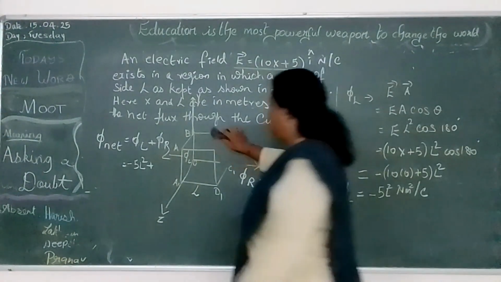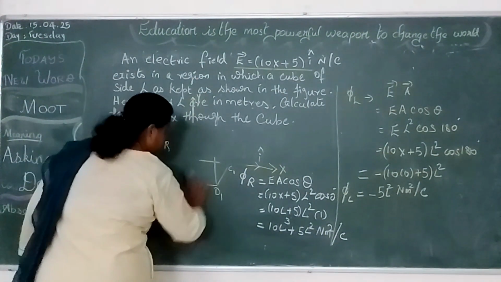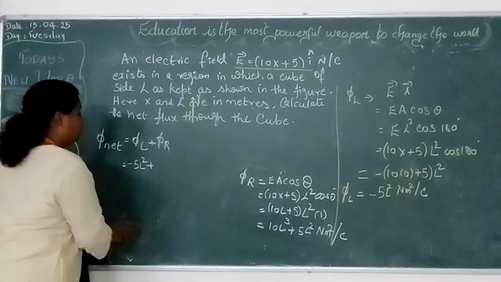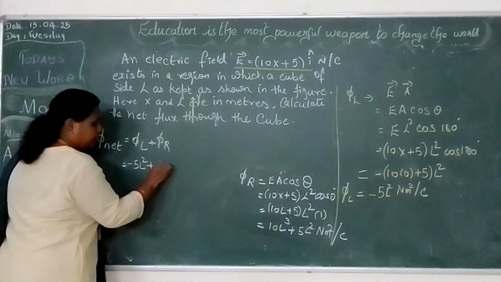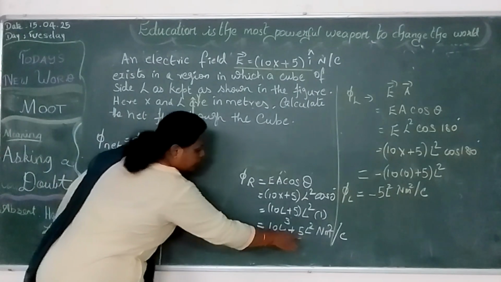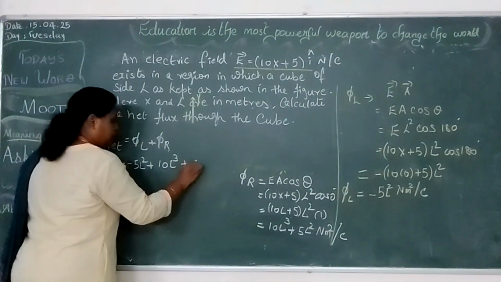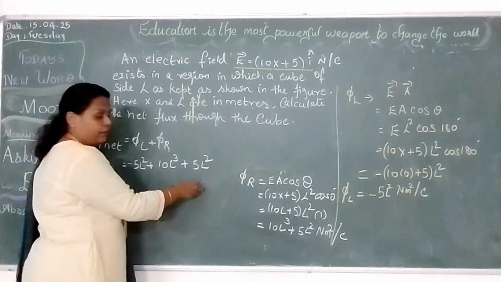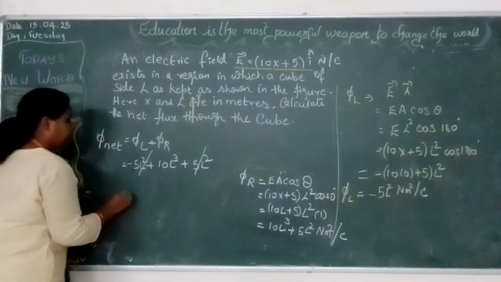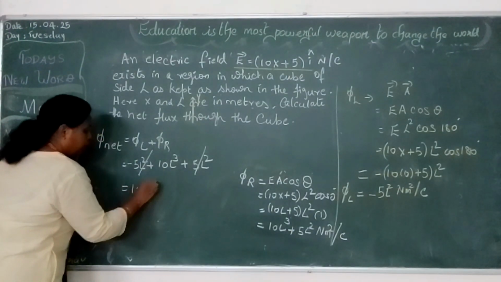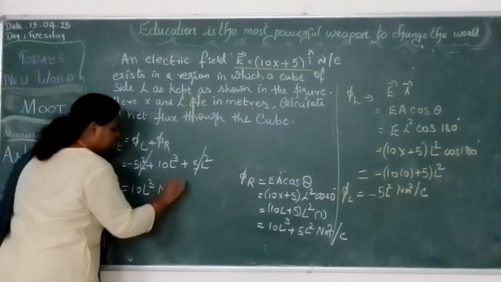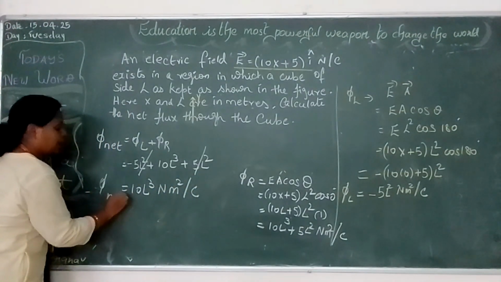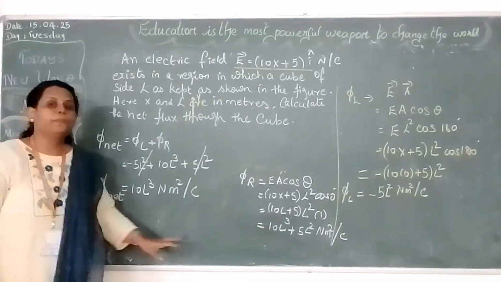Minus 5L square and plus 5L square cancel each other, and the net flux is 10L cube Newton meter square per coulomb. Hope you understand.